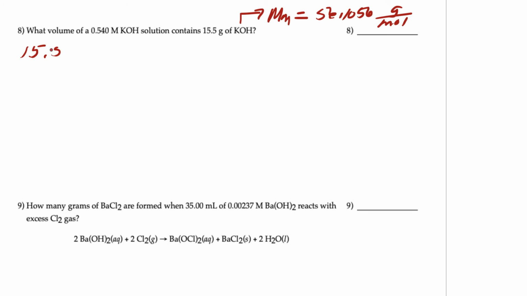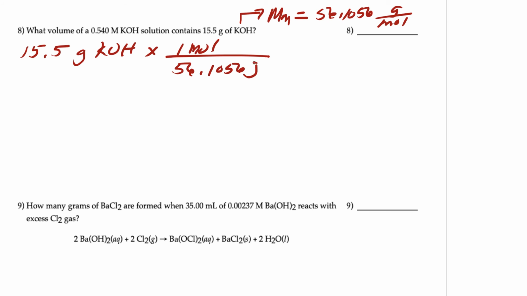So I have 15.5 grams of potassium hydroxide, and we're converting from grams to moles, so I'll divide by the molar mass. 15.5 divided by 56.1056, and I get 0.276 moles of potassium hydroxide. So they want to know the volume.